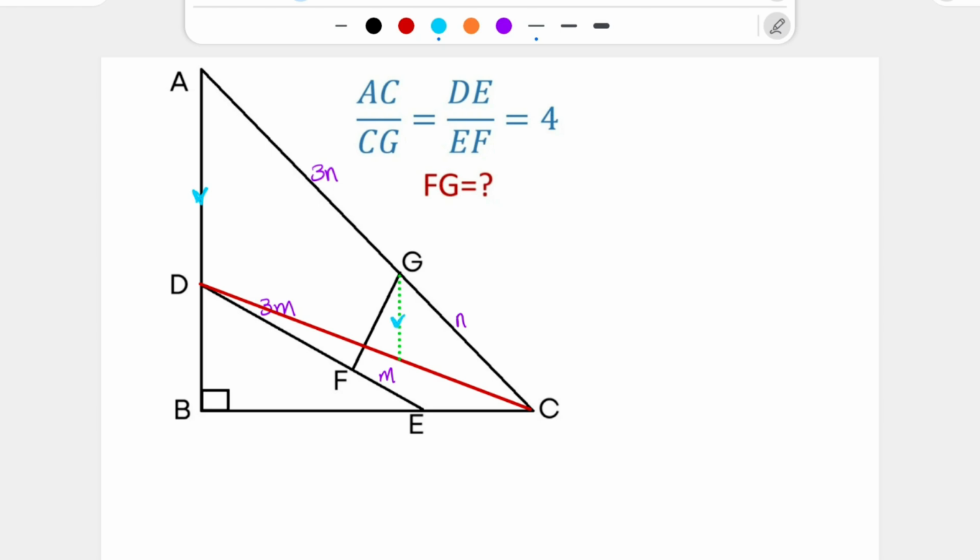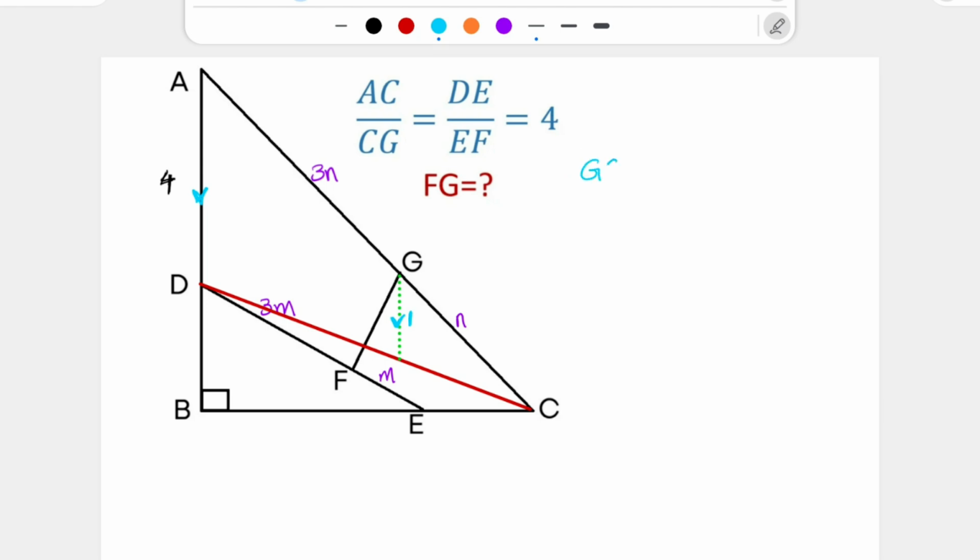Now we can easily apply the theorem to ADC, right? We have GC over AC is 1 over 4. And since we're given that AD is 4, we can easily conclude that here is going to be 1. Let me write it.